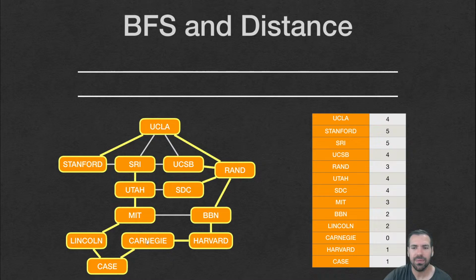Start at Carnegie, run breadth first search, get the information of the distance from the starting node to any node in the graph, and then in your hash map, look up Utah and return whatever value you have for Utah. And that's finding distance from breadth first search.